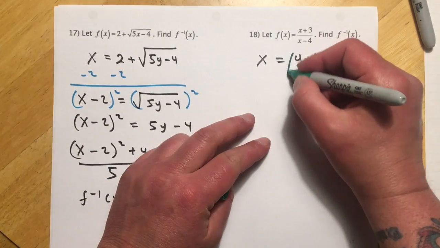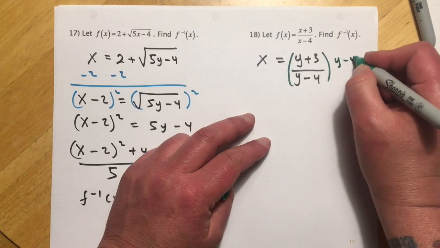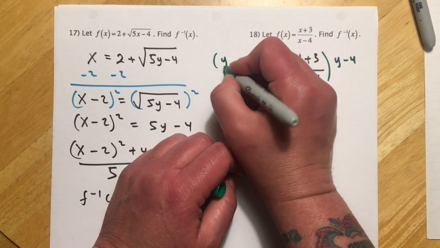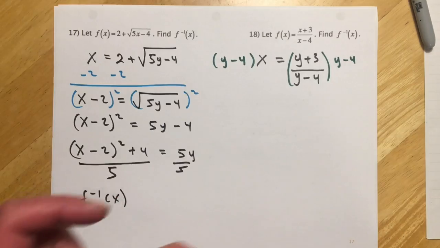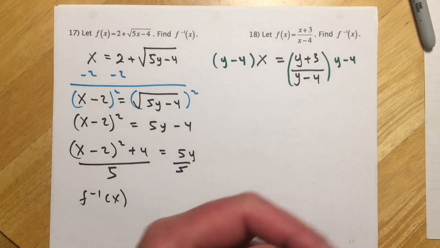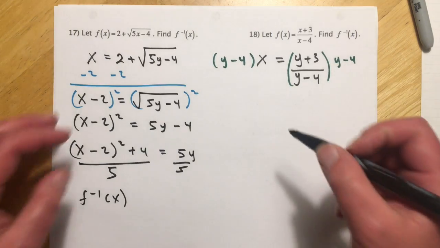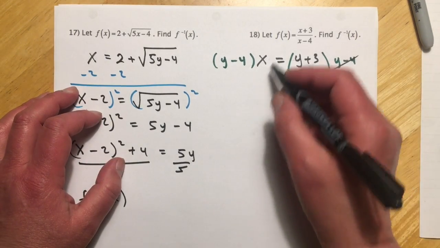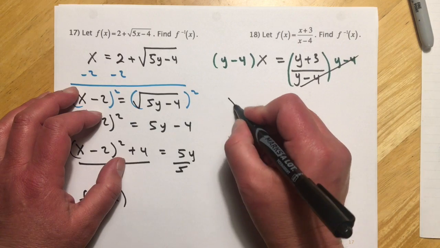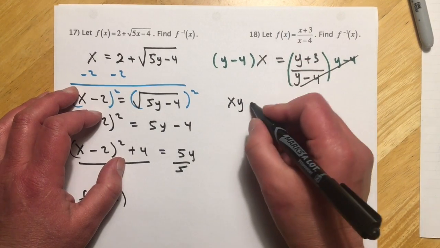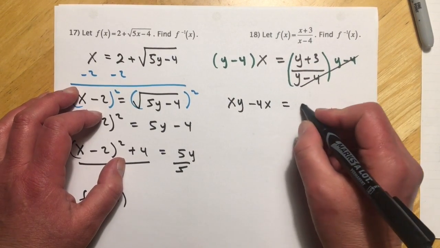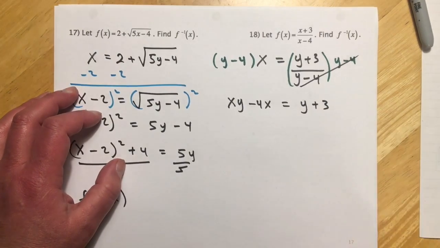So I'm going to do y minus 4 on both sides. So these cancel, and then x times y, and then minus 4x equals y plus 3.